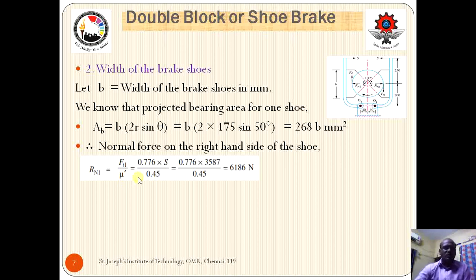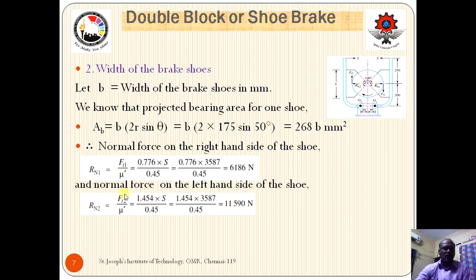So from this you can find the Rn1 value, where Ft1 is 0.776 S. Similarly, find the Rn2 value also, Ft2 by mu dash. Now you find from here that Rn2 is a greater value compared to Rn1. So I am going to use Rn2 to find the area required. Using the highest value, the area will be safer.